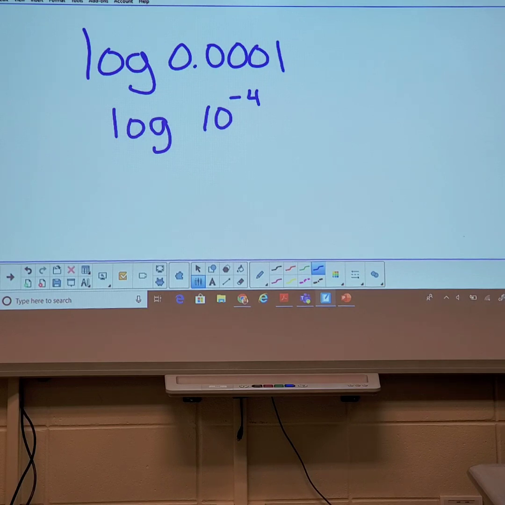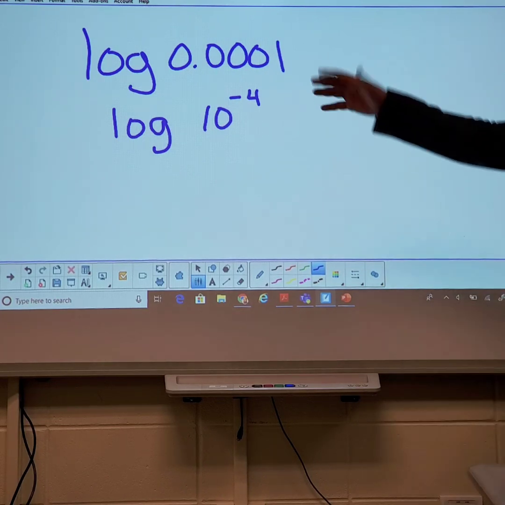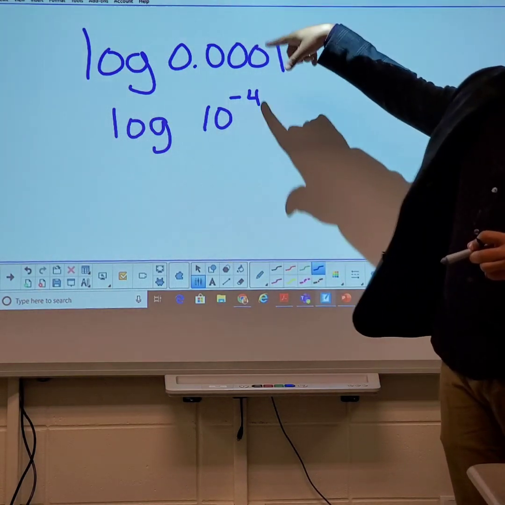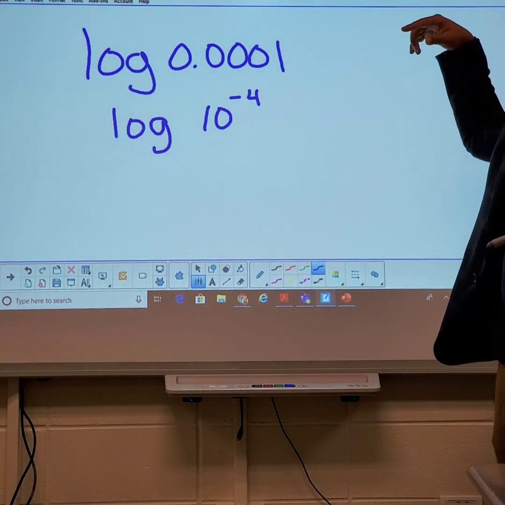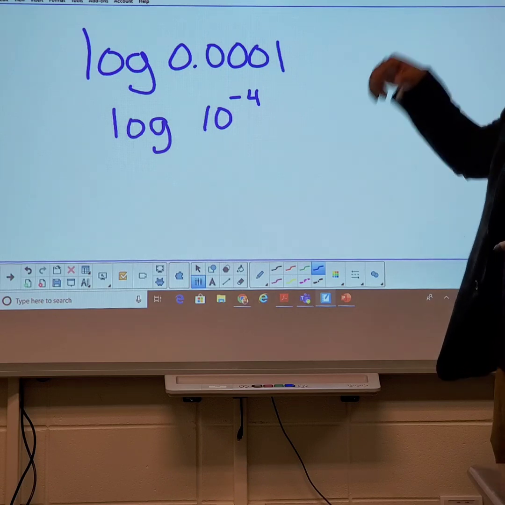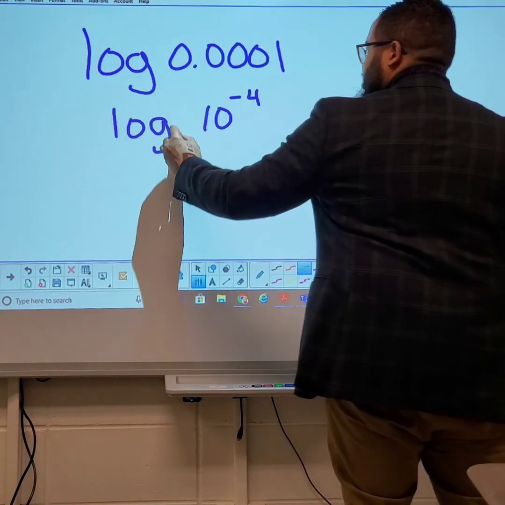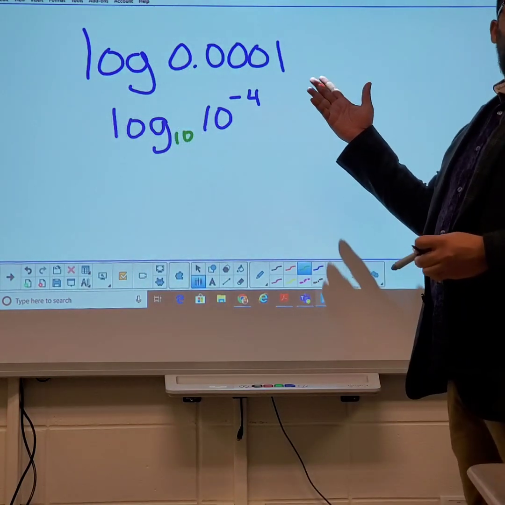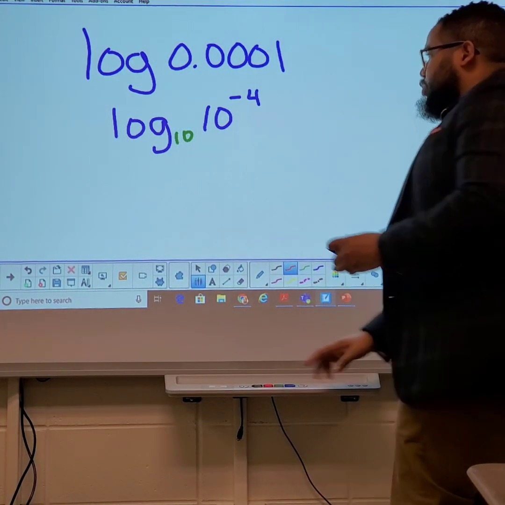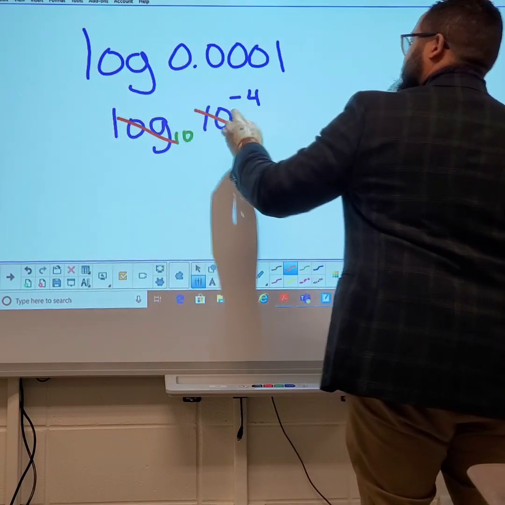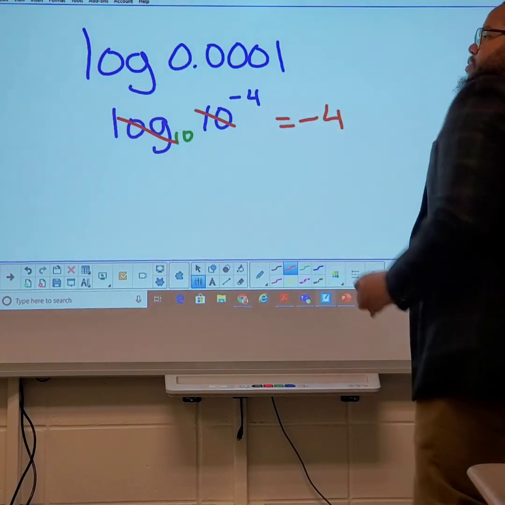I don't know if you remember from scientific notation, you just count the hops to get to 1. So essentially, this is log base 10 of 10 to the something. These two things are opposites. Just negative.